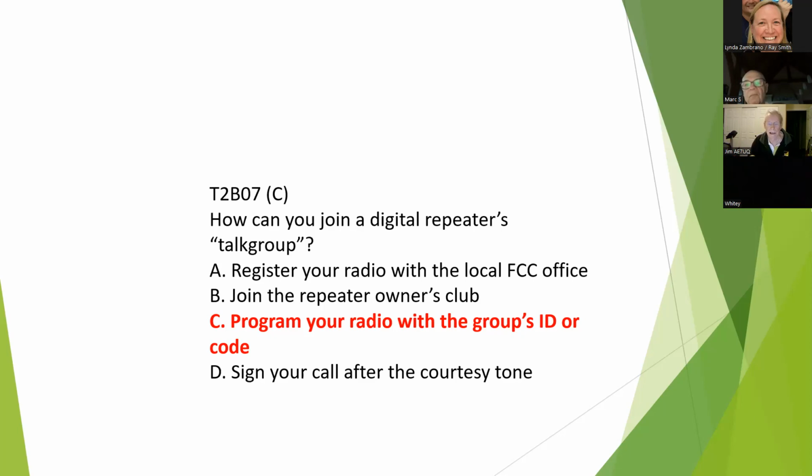And DMR is networked around the world. So basically, program is the key thing to remember here. Talk group is part of DMR program, so you need to program your radio properly with the group's ID code.